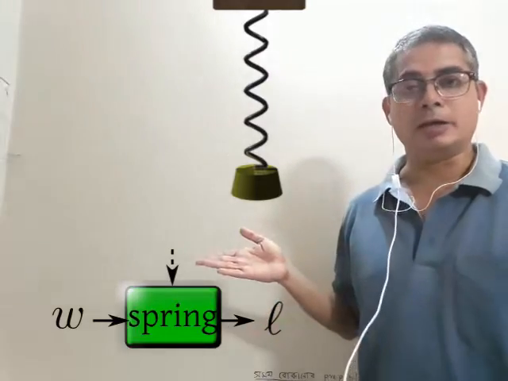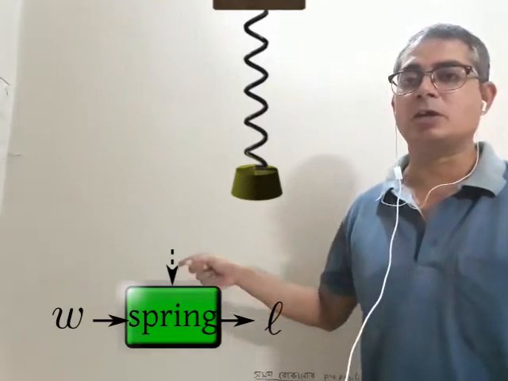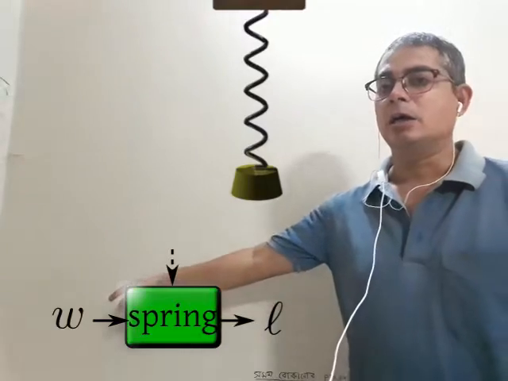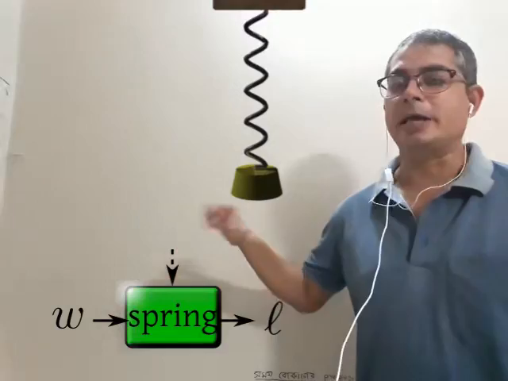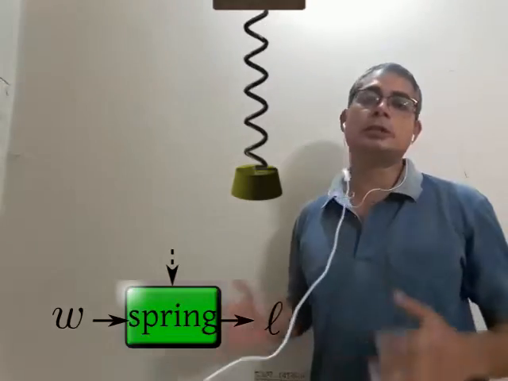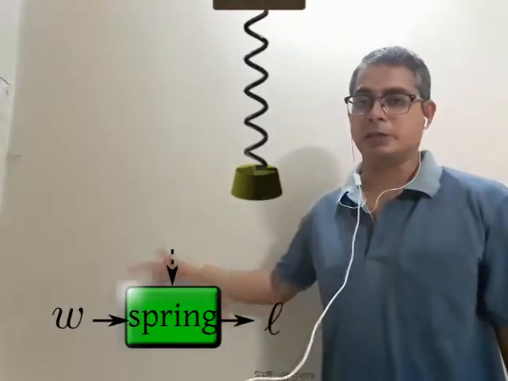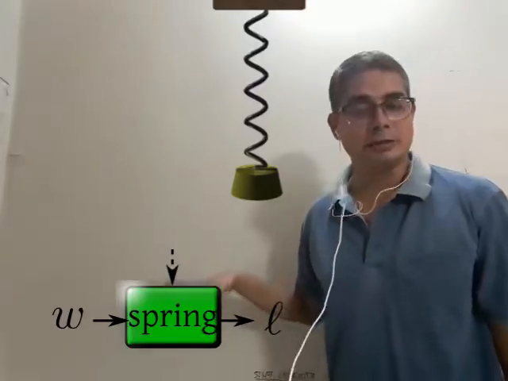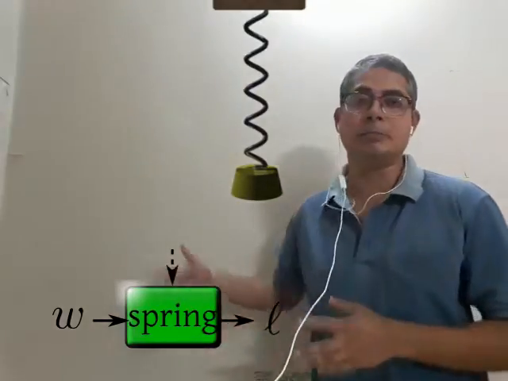We have random error. So we expect this L, the output, to be a function of that input weight, the covariate, as well as of the random error. Now once we have this black box, the next thing that you should do is to take multiple copies of this object. In this case, it is the spring. Whatever system you are working on, if it is patient, you should take many patients.